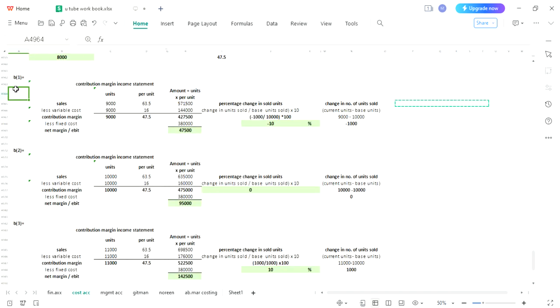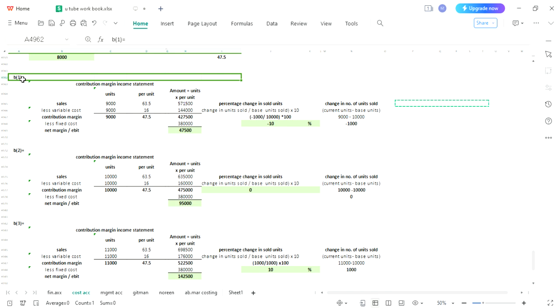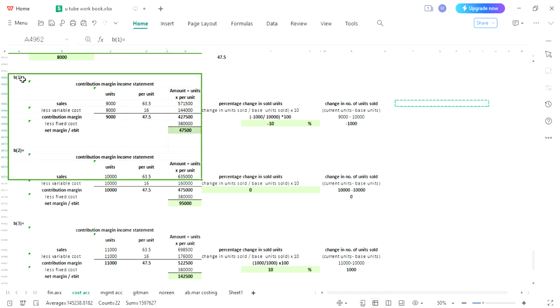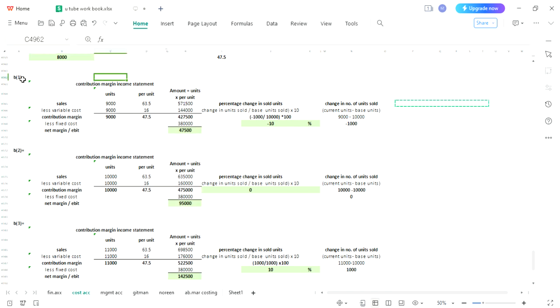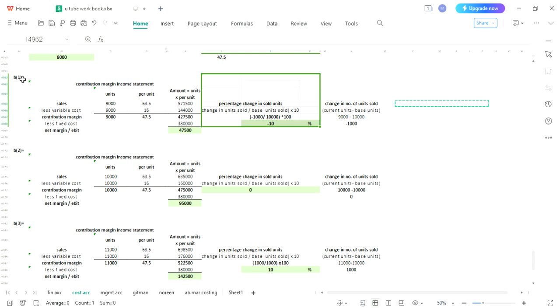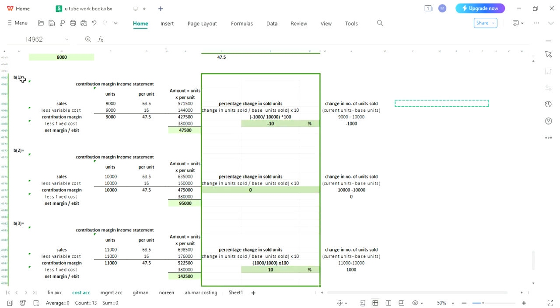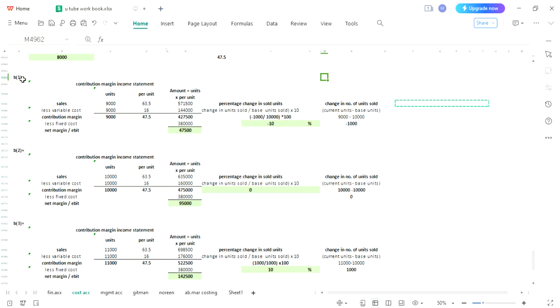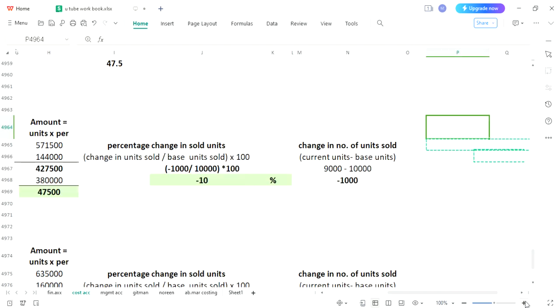So from here you have calculated your 3 answers, B1, B2, B3. This was your first part. And then you have calculated the percentage change in units sold over here. This was your percentage units sold, and now the third part is going to be solved over here, and this would be the percentage change in EBIT. So hopefully you have understood, and now we will be calculating it.